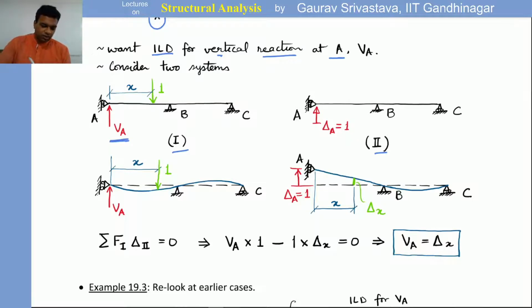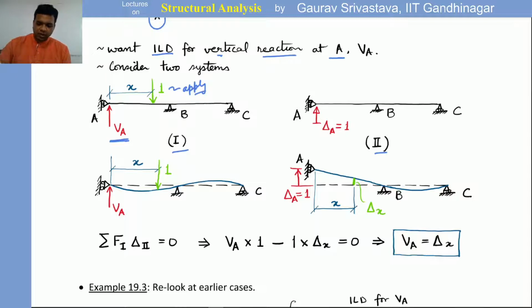And on this system, we apply this unit load, right? And the idea is that as this unit load goes from left to right, as x goes from left to right, we will calculate VA, and whatever that variation is, that will be the ILD for VA.